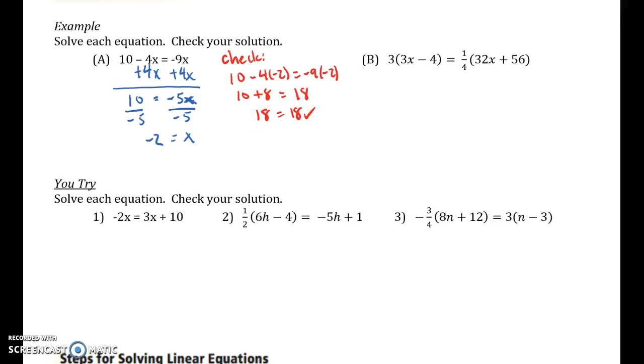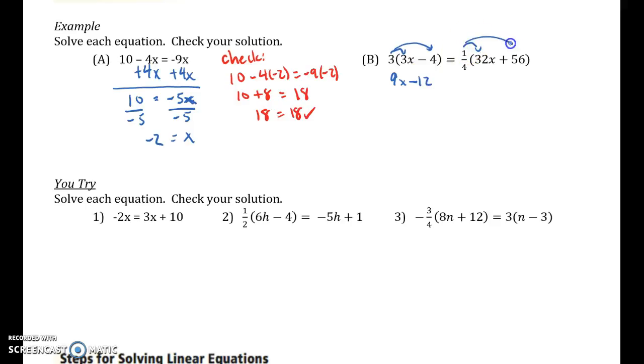Okay. Taking a look at part B, this equation is a little more complicated because we have numbers in front of the parentheses. So remember, you can always simplify by the distributive property. So I'm going to go ahead and distribute that 3. I'm going to get 9x minus 12, being careful with the negatives.